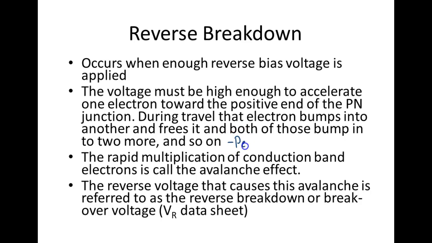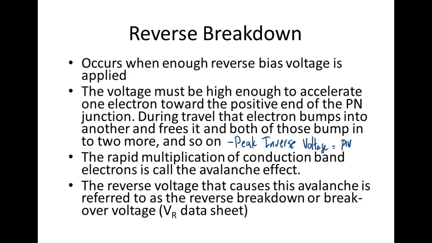They refer to it as the peak inverse voltage, or PIV. But I've never seen a diode data sheet with a PIV rating. The rating they call the maximum reverse breakover voltage, or repetitive breakover voltage. We do have diodes that can handle a lot, but not consecutively, right? You understand that? Are we okay?